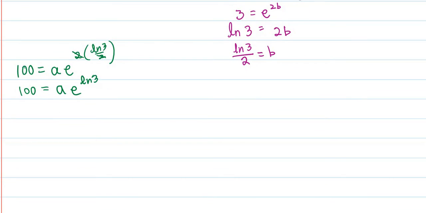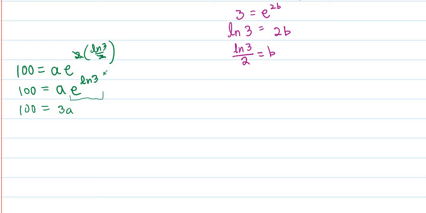But recall, if you raise a base to the log of the base, then you just get the thing. So this value right here ends up just being 3, because e to the natural log of 3 would be 3, which means we now have 100 equals 3a.